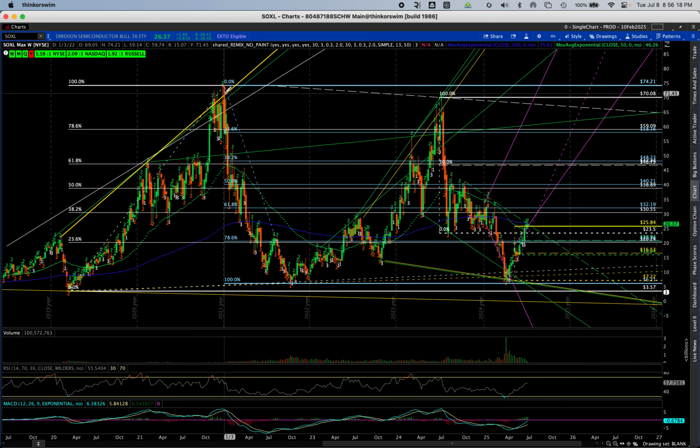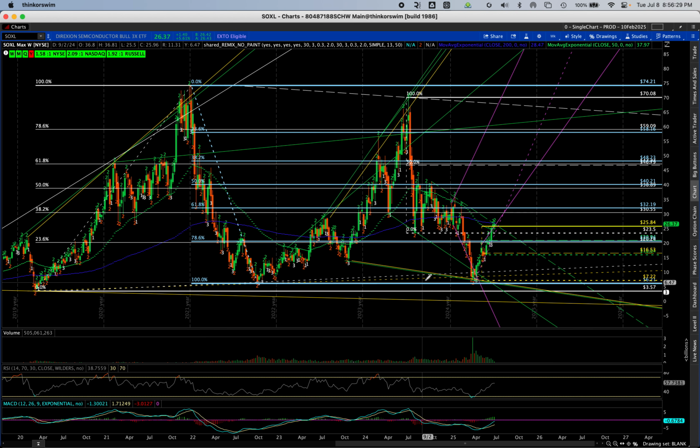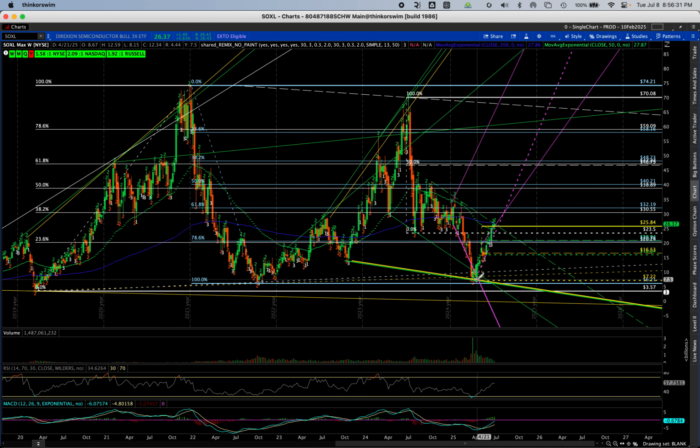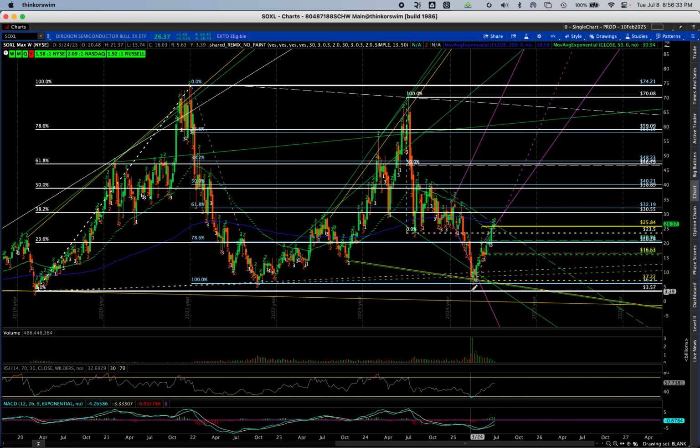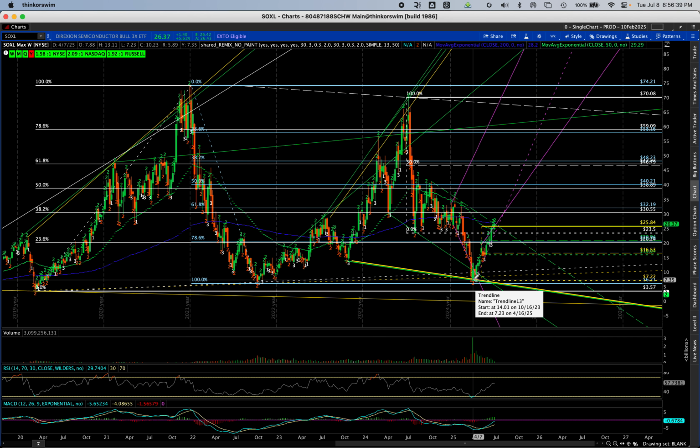The major push up and the major push down. Now, it was basically 100% retracement, so you can keep that in mind. But you can see how this drop in 2025, it didn't make it to the 2020 low. It bounced exactly off of the 2022 low. Well, not exactly, but basically off the 2022 low.